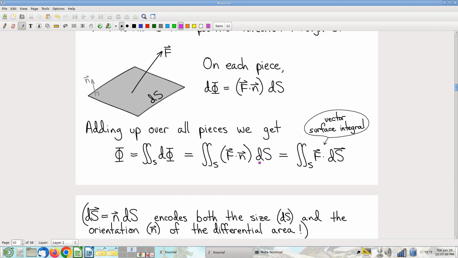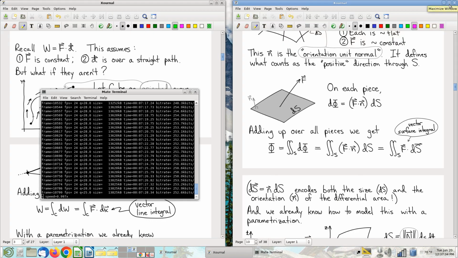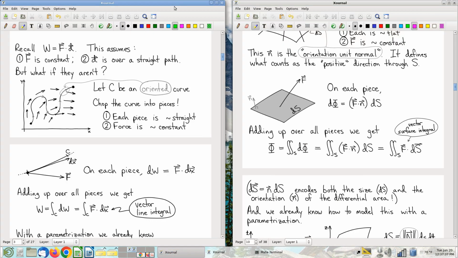And this, I want to point out, is highly analogous to the situation that we found ourselves in back in Chapter 6. Recall in Chapter 6 we were talking about line integrals. And when we had a curve like this, you chop it up into little pieces.